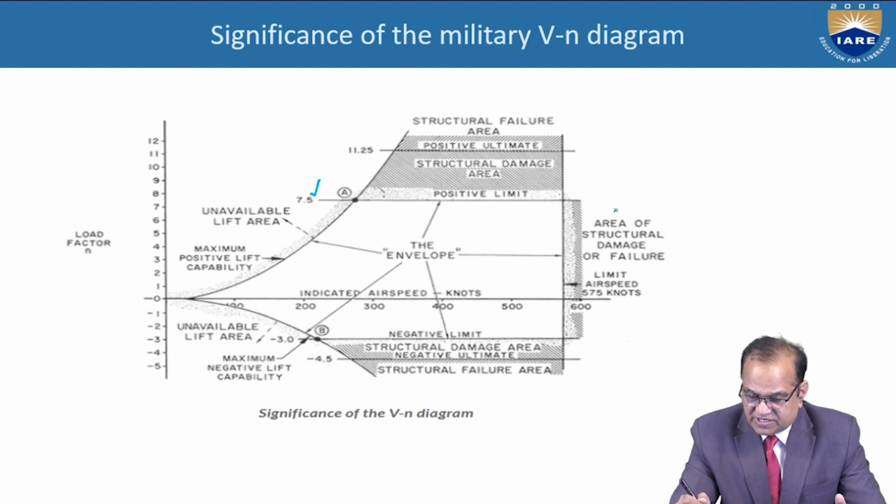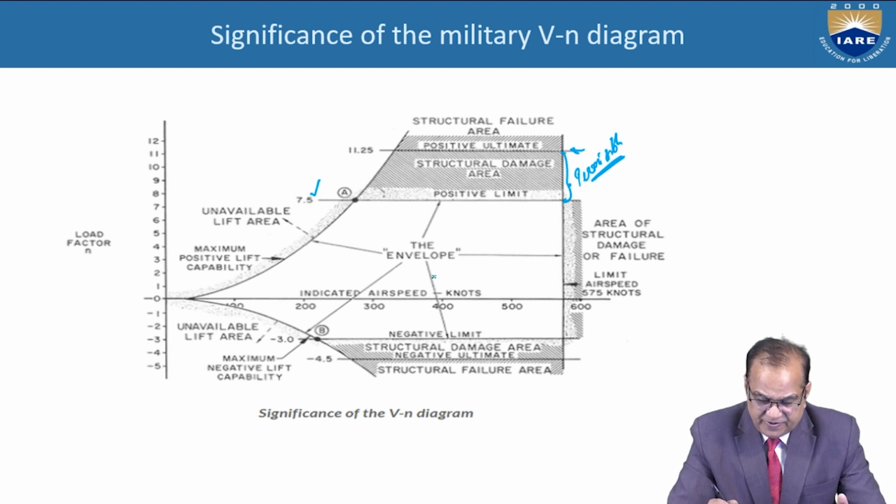This is your speed limit. Area of the structural damage or the failure limit due to the airspeed is 575 knots. Structural failure, positive ultimate. This is the ultimate. Structural damage area from here to here is permissible. In an extreme case, damage may not happen.